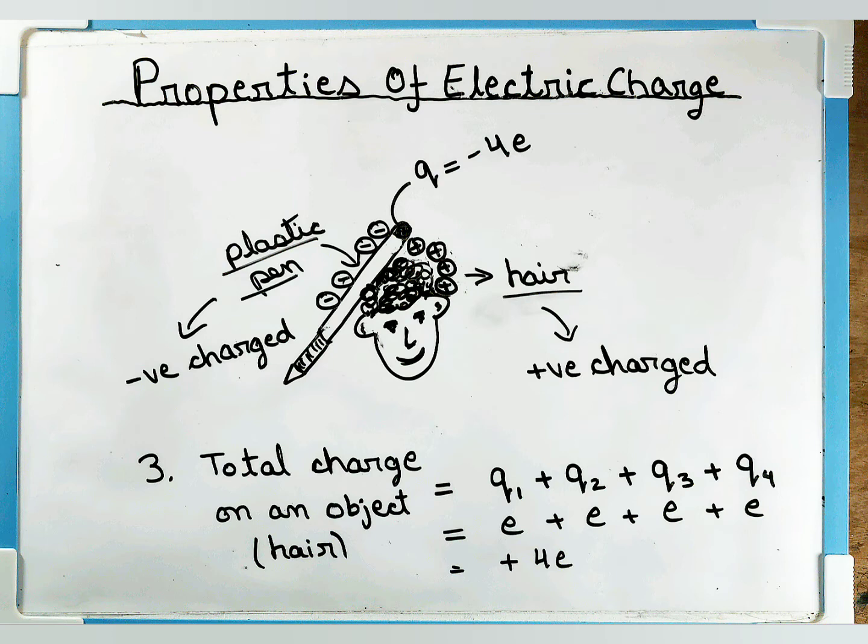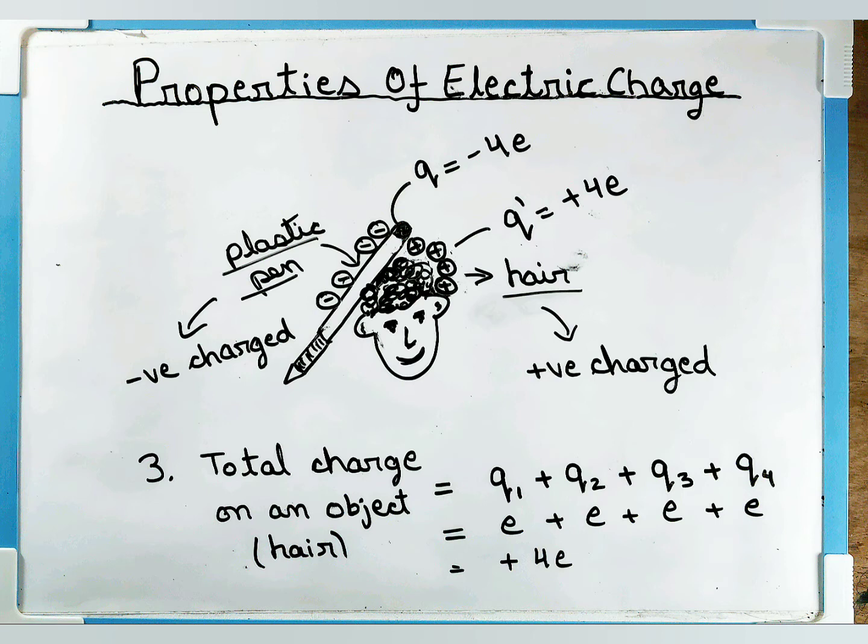So the total charge on the hair is equal to plus 4e, that is q dash is equal to plus 4e. So this is the third property of charge, that charge is additive in nature. So the amount of charge in the object is equal to the algebraic sum of all the charges distributed in that object.